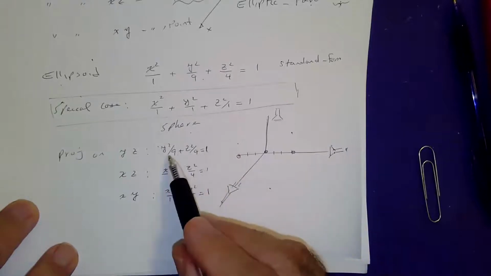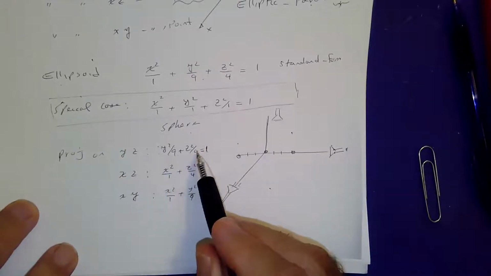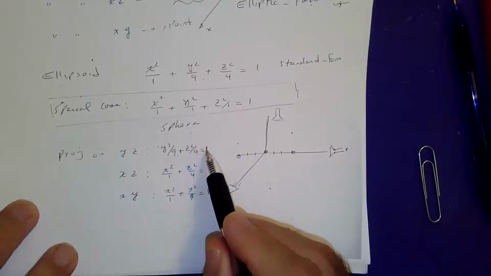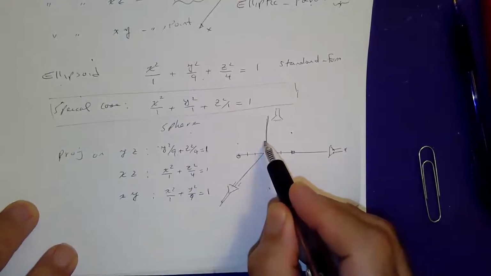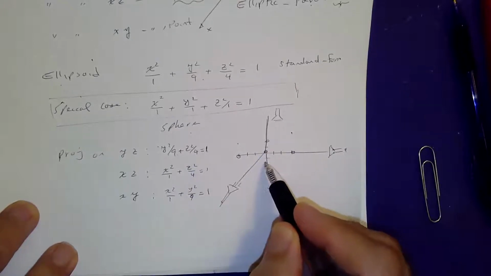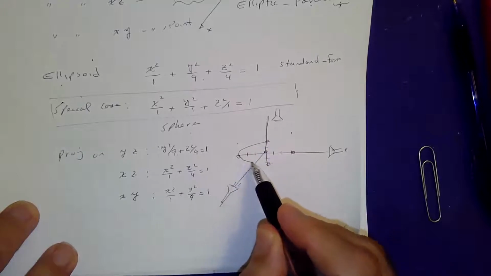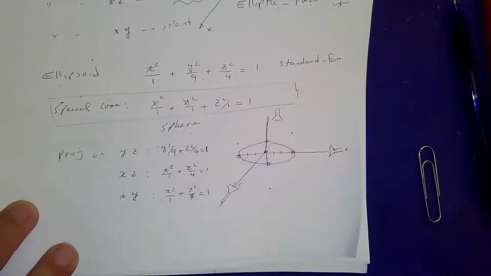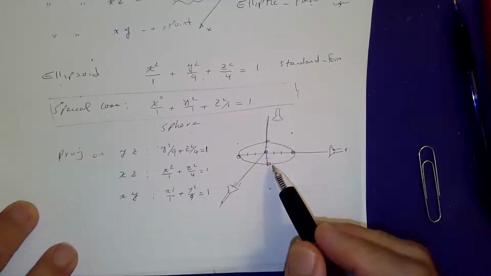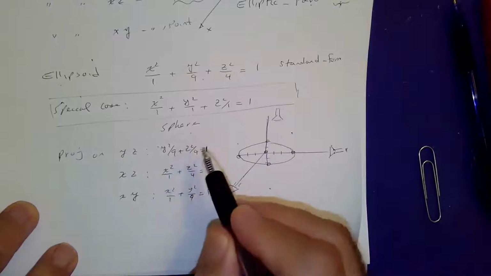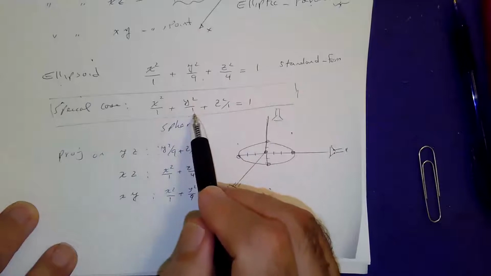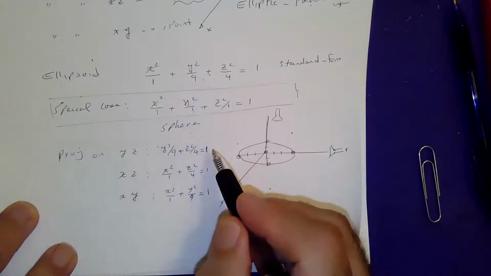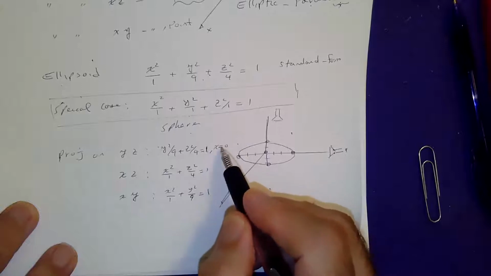And similarly, if you set y equal to 0 and solve for z, that will be z squared equals 4 because you can multiply both sides by 4. And that will give you z is plus or minus 2. So you get this, which is an ellipse. You know why we came up with the curve, right? Because we took the surface and found the intersection of this surface with x equals 0.